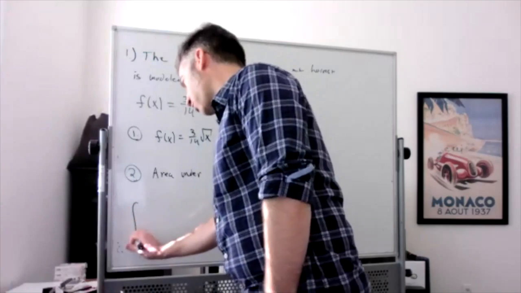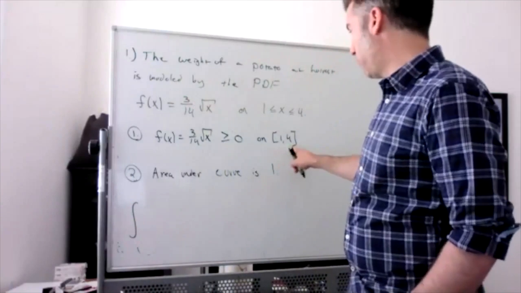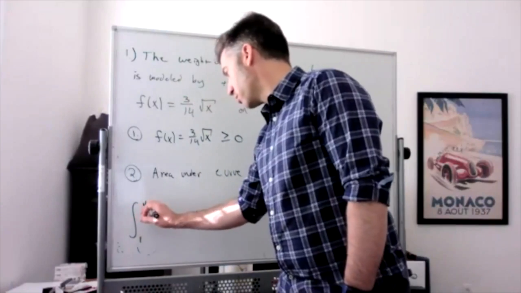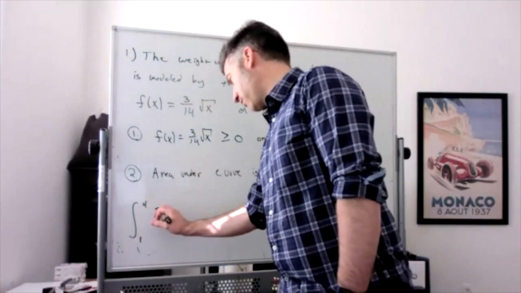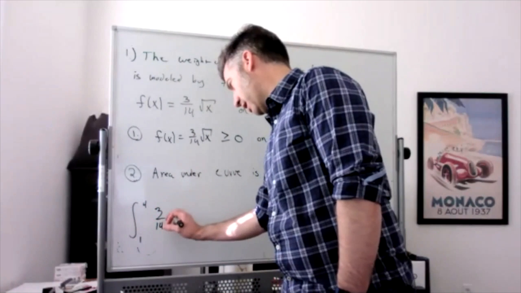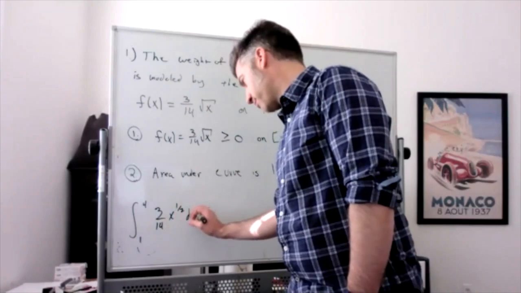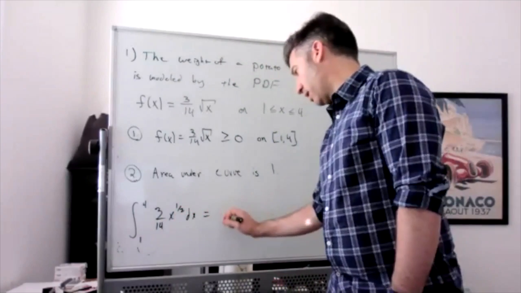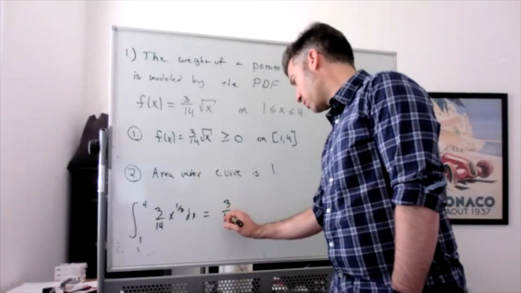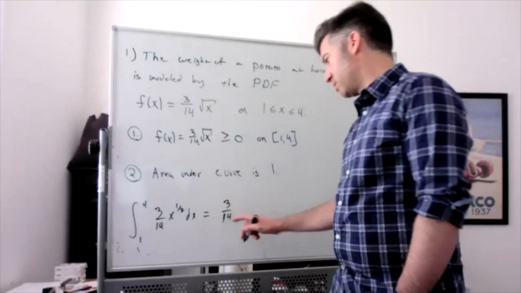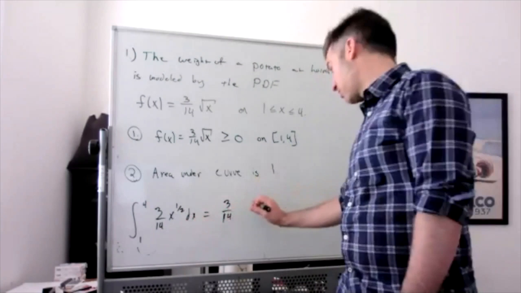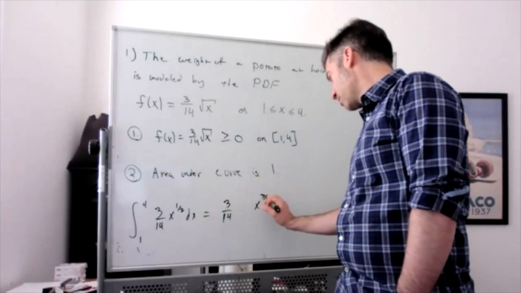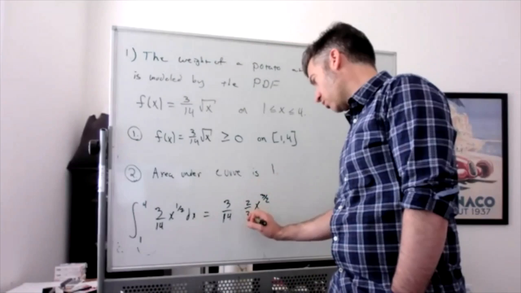We're going to do the integral from 1 to 4 of our probability density function of 3/14 times x to the 1/2. So we're going to integrate. We're going to get 3/14 times the integral of x to the 1/2, which is x to the 3/2 times 2/3.